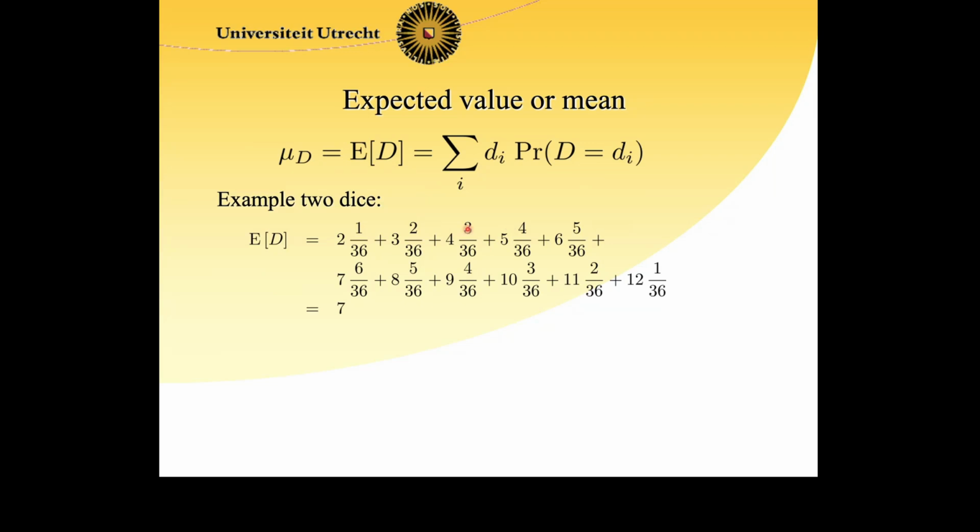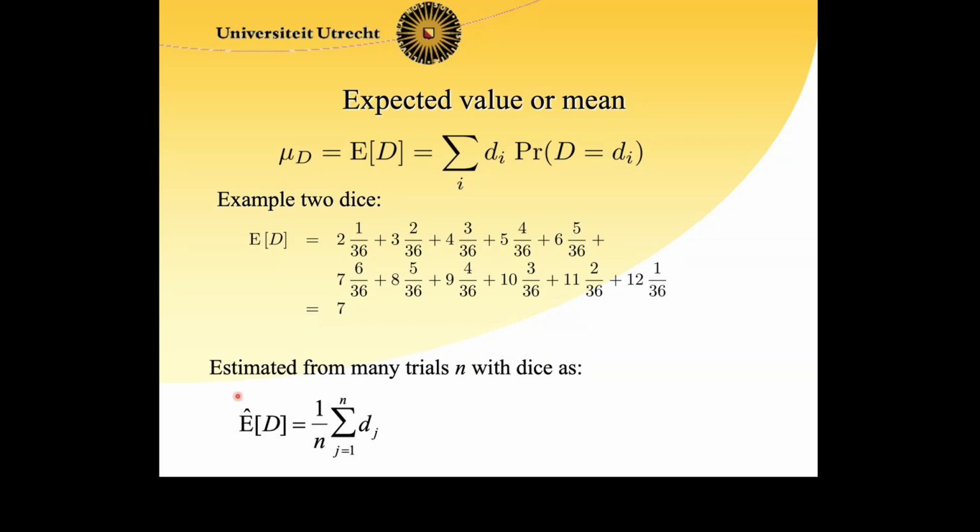If we do that, we get 2 times 1 over 36, 3 times 2 over 36, and so on. And if we calculate that, it's 7. That's exactly what we would expect, because the mean is just the middle, in this case, of a symmetrical distribution. So on average, if we throw many dice and take the average of the sums that we find, we end up at 7.